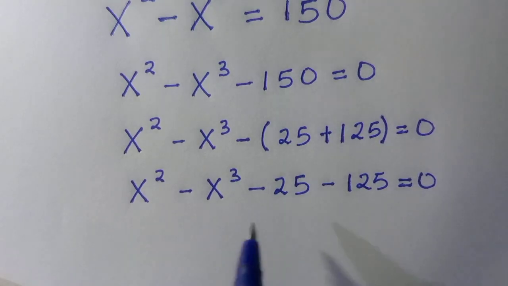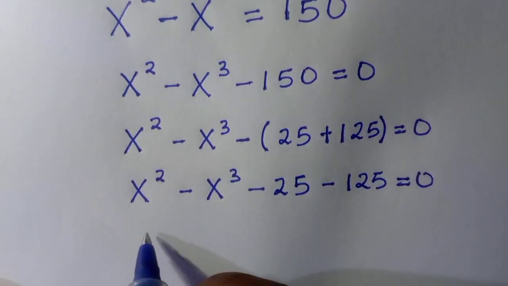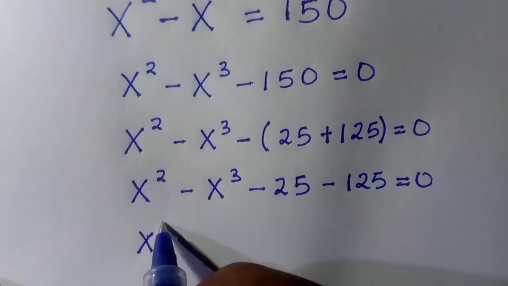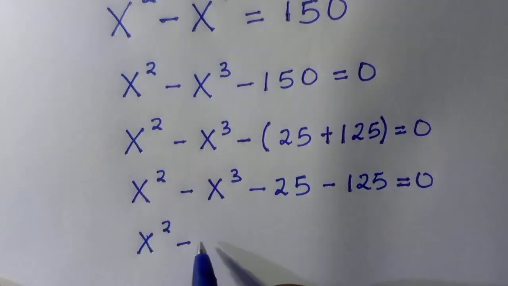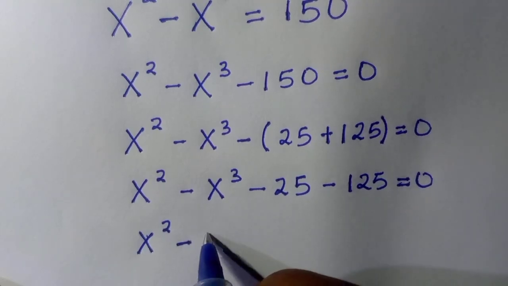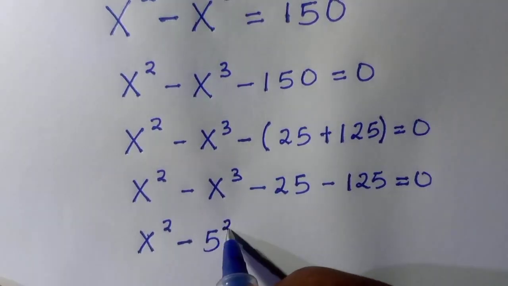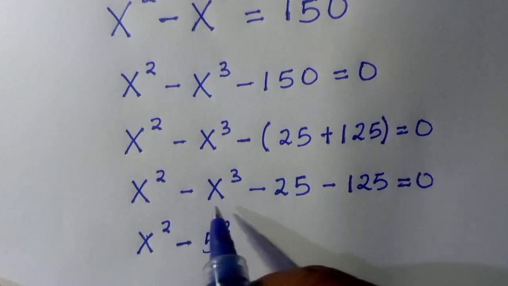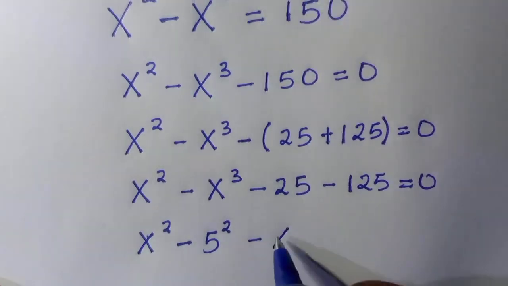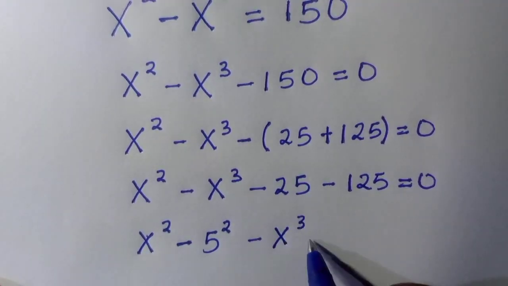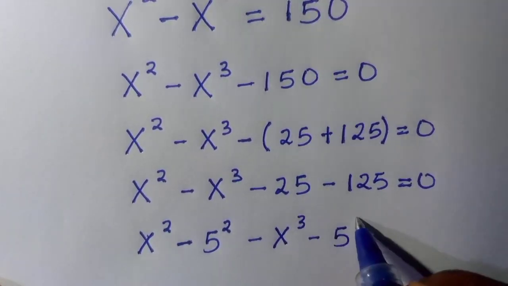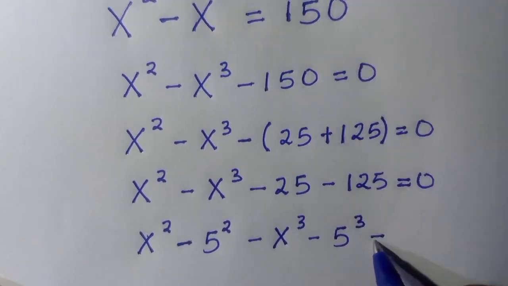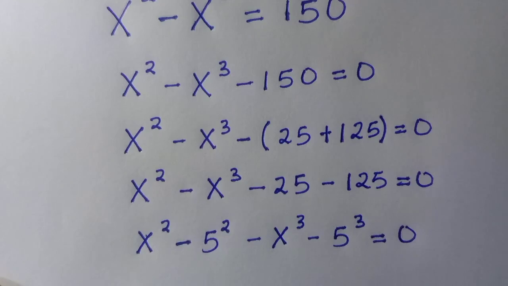So let's combine these together. Here we have x to the power of 2 minus, when we write it in exponent form, it is 5 to the power of 2. And also this and this, we have minus x to the power of 3, and here is minus 5 to the power of 3 equals 0.